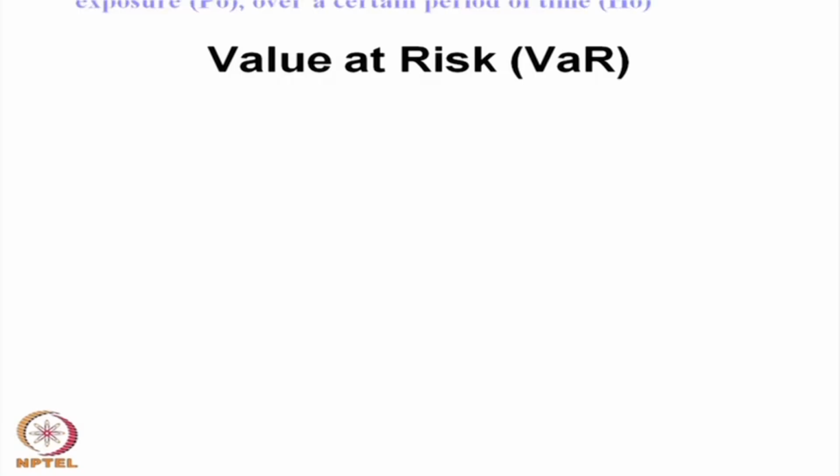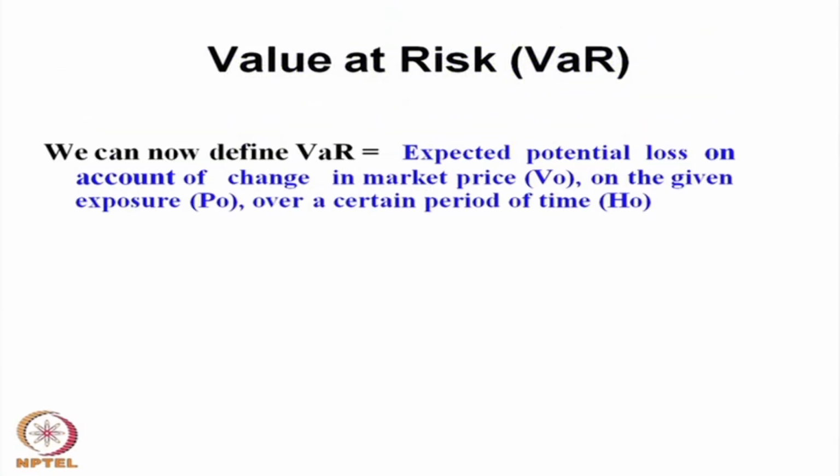These 3 things, as I mentioned from the beginning, are required for the calculation of value at risk. Once you have decided about the 3 things, now we discuss the value at risk calculation. The value at risk, as I mentioned from the beginning, is the expected potential loss, not the actual loss.